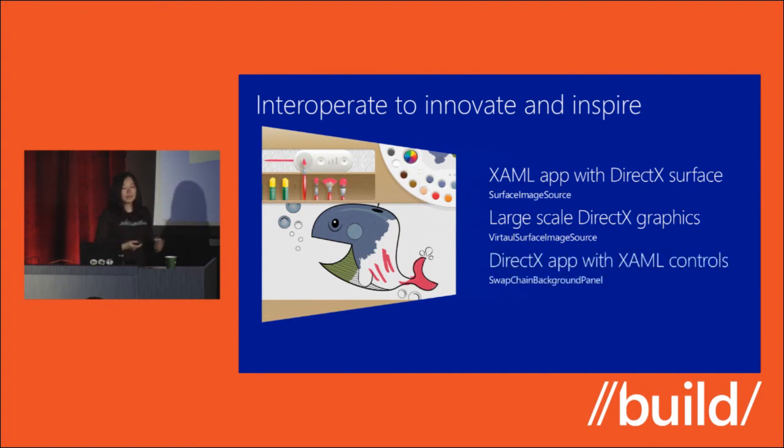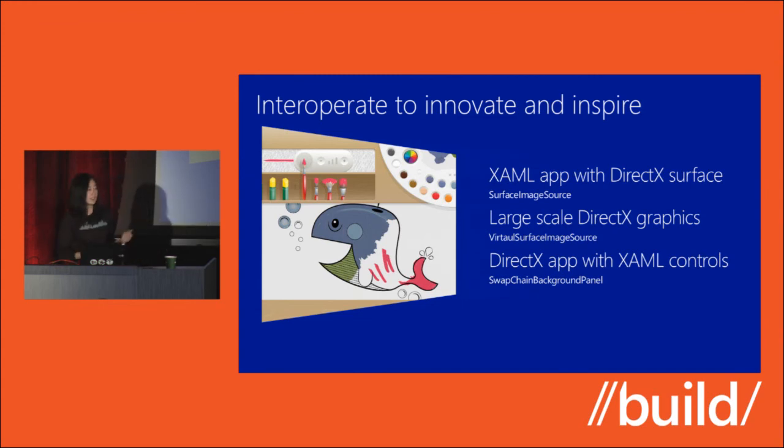The last one is, in this case, the opposite. Now you have a DX app as your main app, but you wanted to use some XAML controls just for productivity, for easiness. You're doing all the heavy work all by yourself, but on top of that, you can overlay some XAML controls, so you can get the best of both worlds.